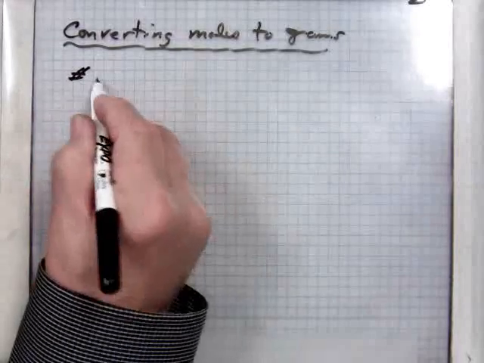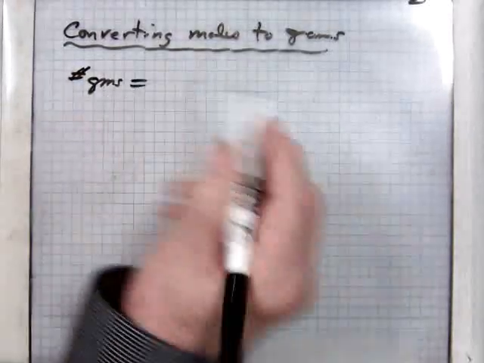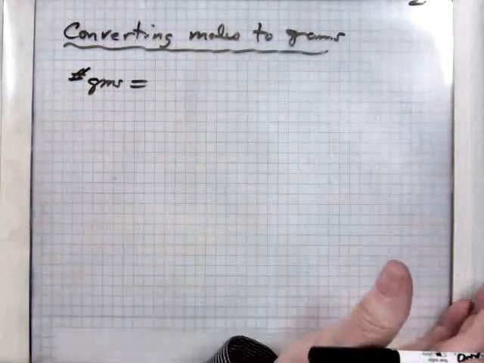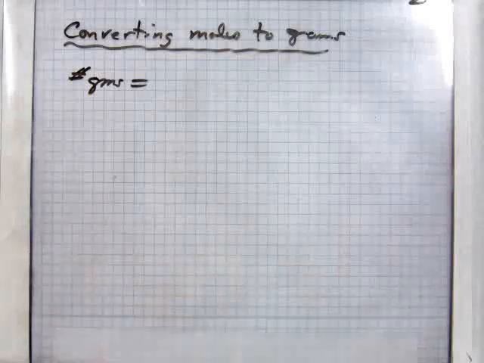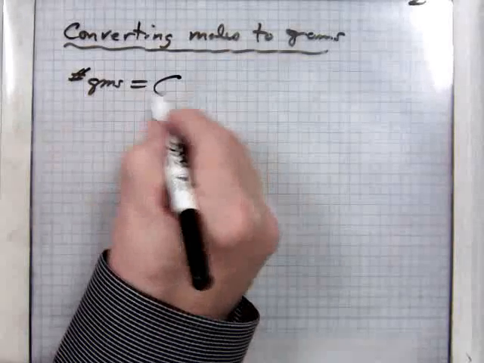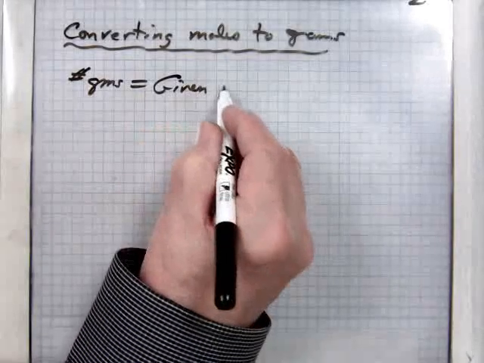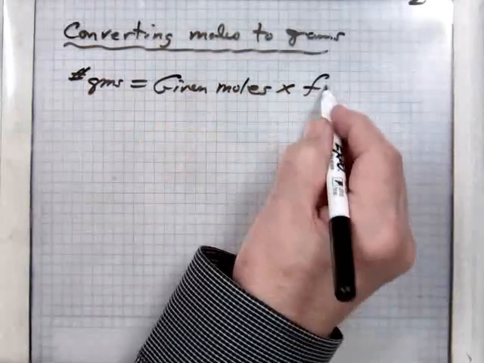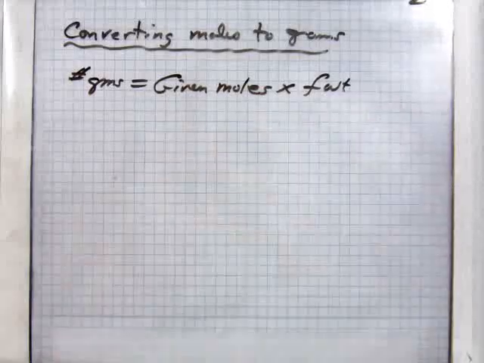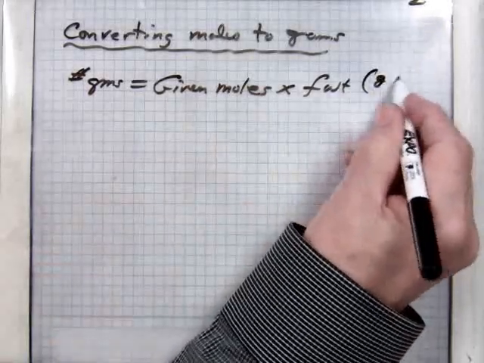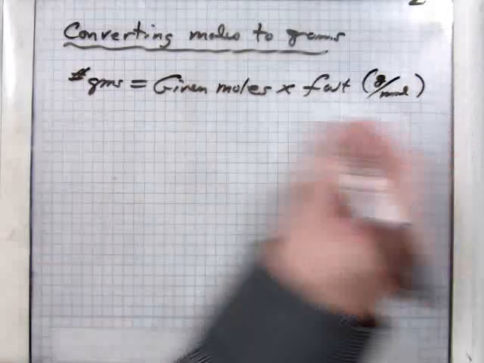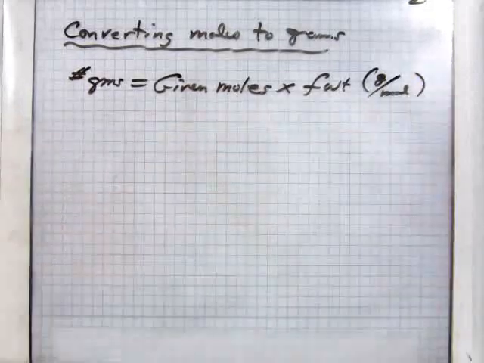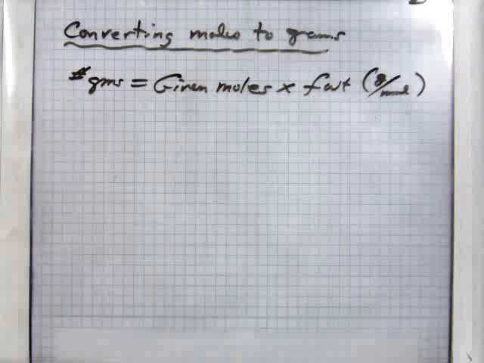Number of grams is always equal to the given moles times formula weight. Of course, that is in grams per mole, and you can see how moles would cancel out very quickly and leave you with grams.